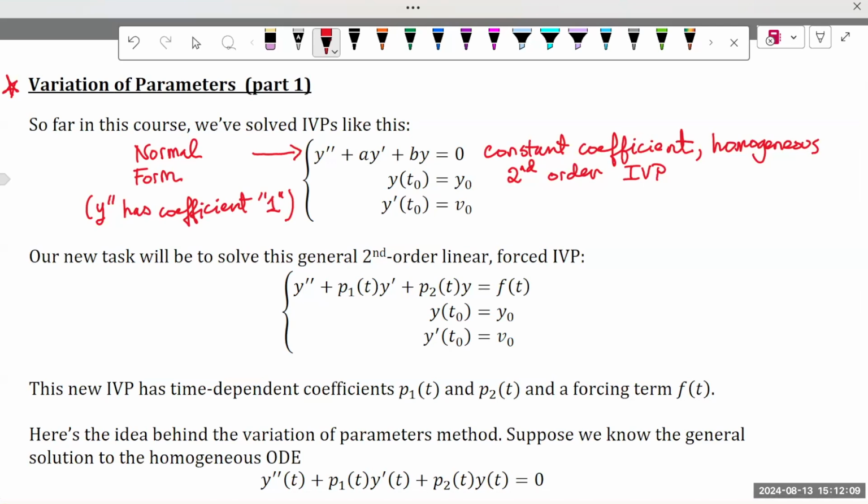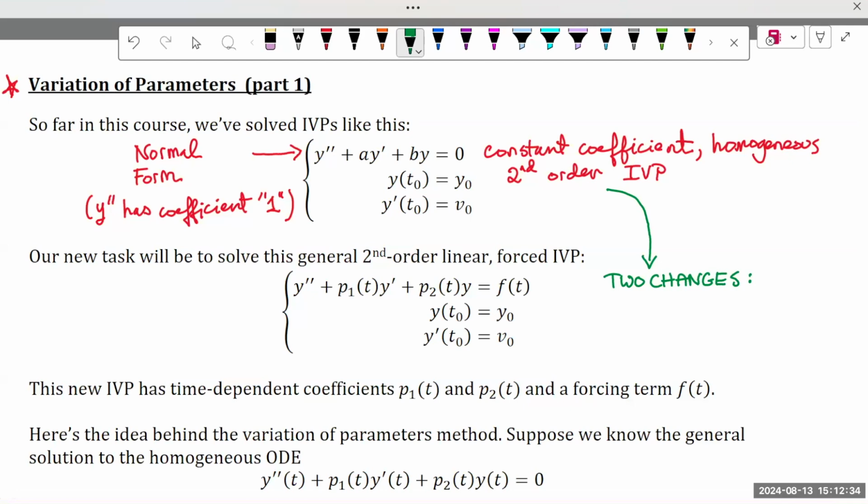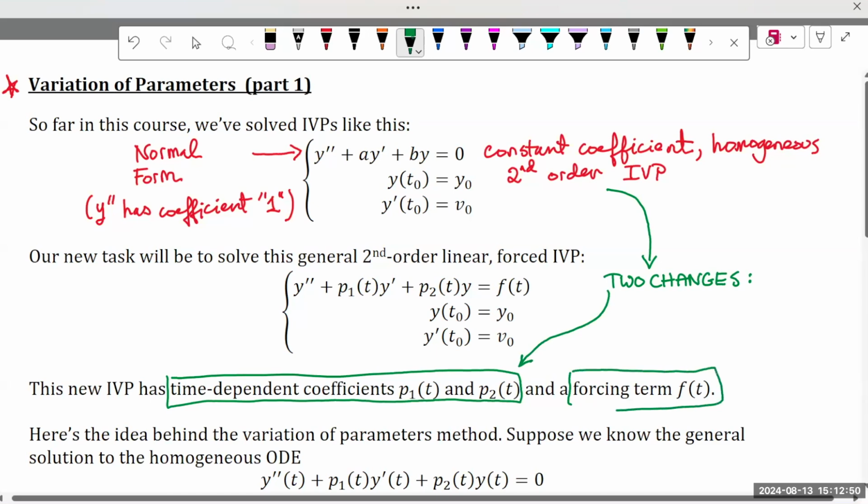Now, generalizing from this type of constant coefficient homogeneous second-order ordinary differential equation, we are going to implement two major changes. We are now going to look at an initial value problem that has time-dependent coefficients, which we will call functions p1 of t and p2 of t. And the ODE is no longer homogeneous because there is going to be a non-zero forcing term, which we are calling f of t.